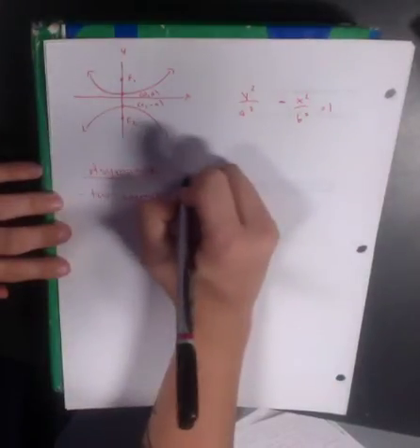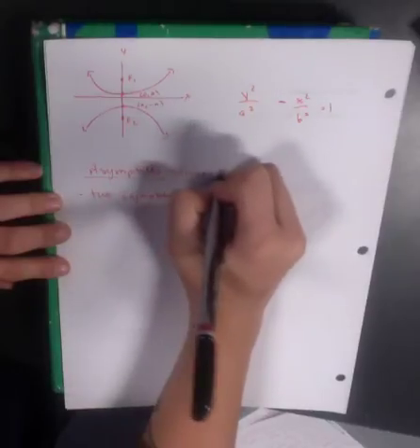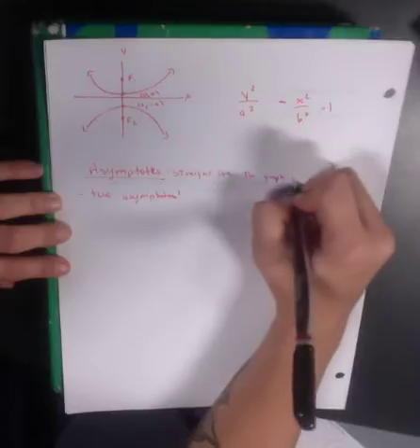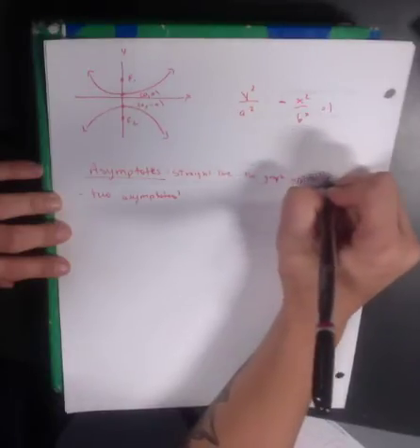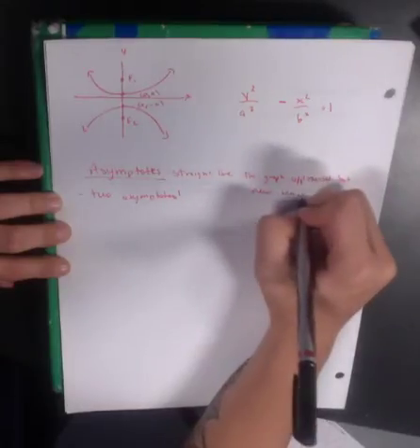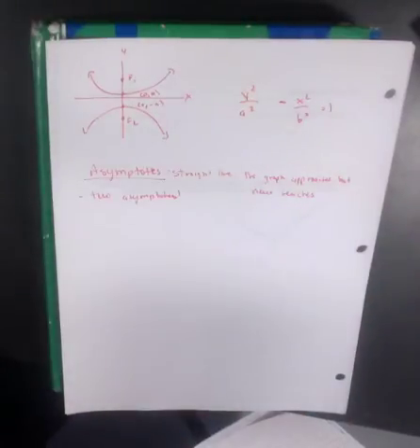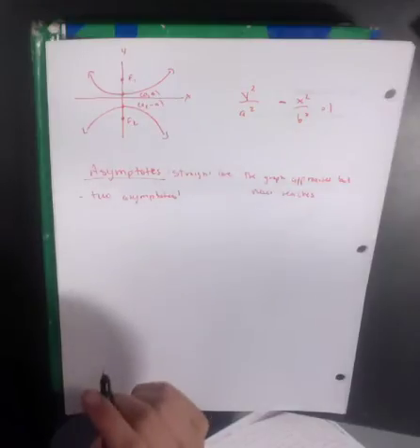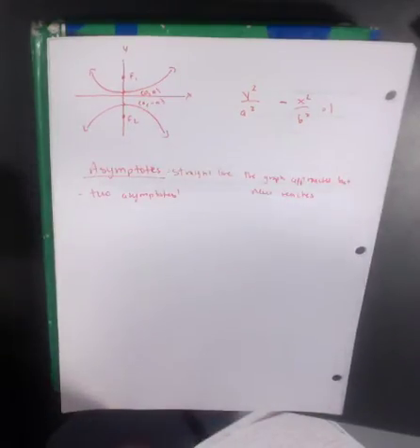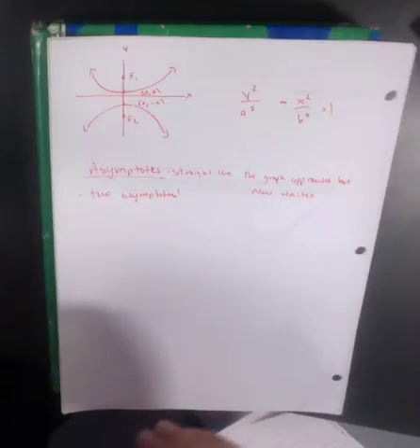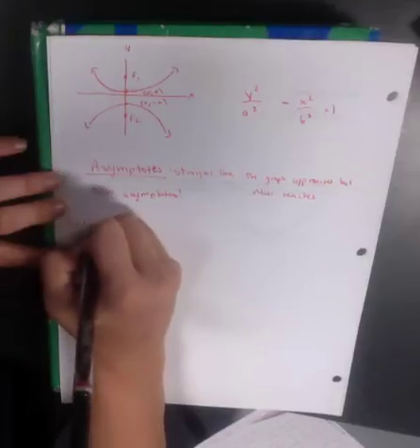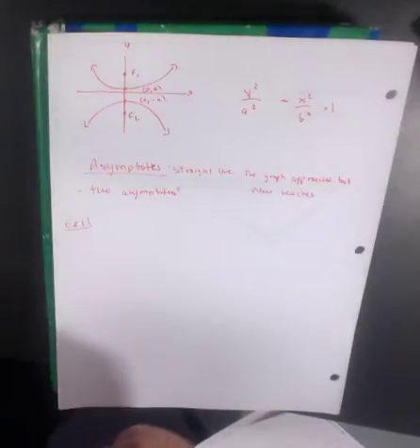An asymptote is a straight line the graph approaches but never crosses, or never reaches. Okay? It gets really, really close, but it does not cross it. Okay? So I'm going to show you an example for all the things and to find our two asymptotes.